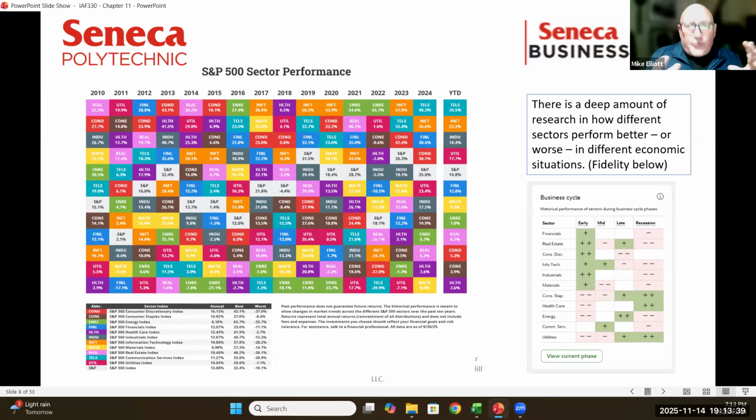So there is a lot of research that's gone into this. There is a lot of research that says if we're going into certain economic cyclicality, and if we look at the right here, by business cycle, where do we want to invest? Well, if we're early, mid, or late in the cycle and then recession, early in the cycle, you want financials.